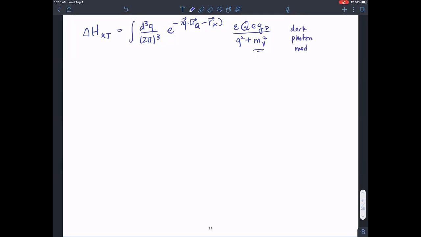And if you then plug this in to calculate the expectation value, as we've been doing, then this combination of things is exactly what appears inside the sigma of q over pi squared.